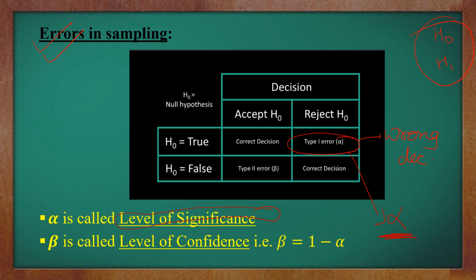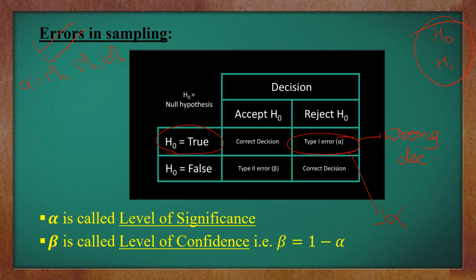What is the meaning of level of significance? That when I know that my decision is completely true, but still I'm rejecting it. And level of significance, probably we take 1%, 5%, and 10%. Now what is 1%, 5%, 10%?